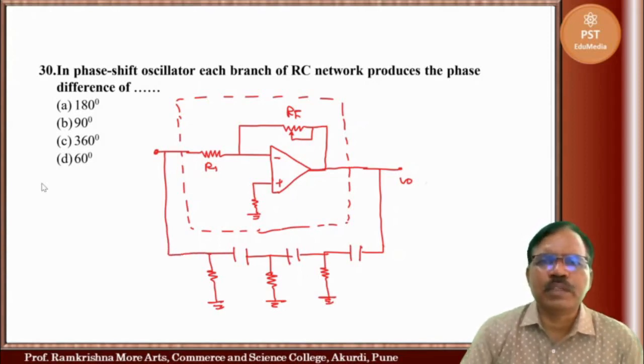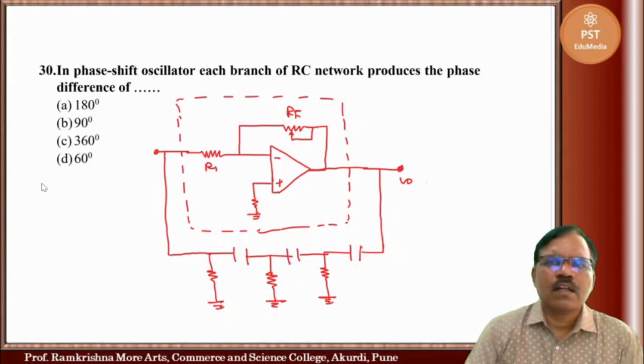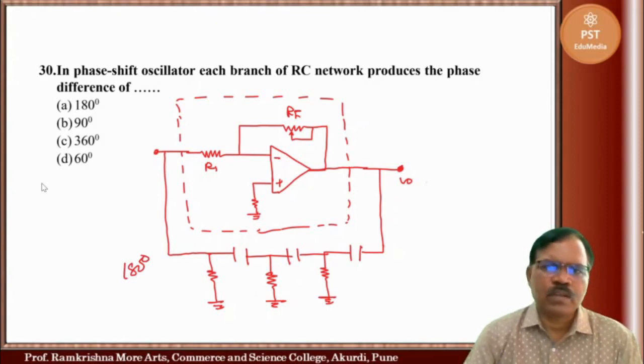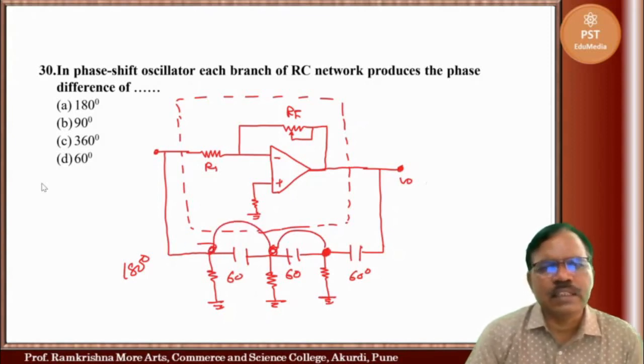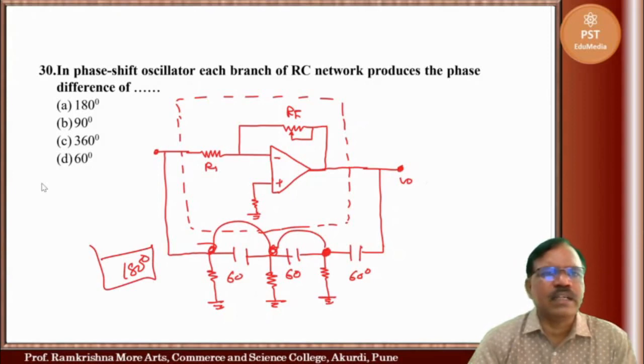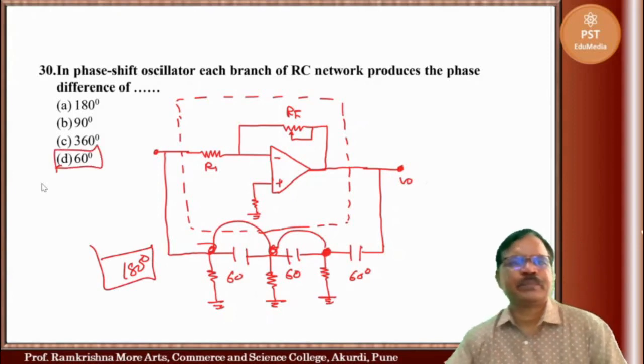Since it is positive feedback, here 180-degree phase shift is between input and output. So here it is 60-degree, then here 60-degree, here 60-degree. So between output and this point there is 60-degree phase shift. Then between this and this there is 60-degree phase shift. From this and this there is 60-degree phase shift. So total 180-degree phase shift.